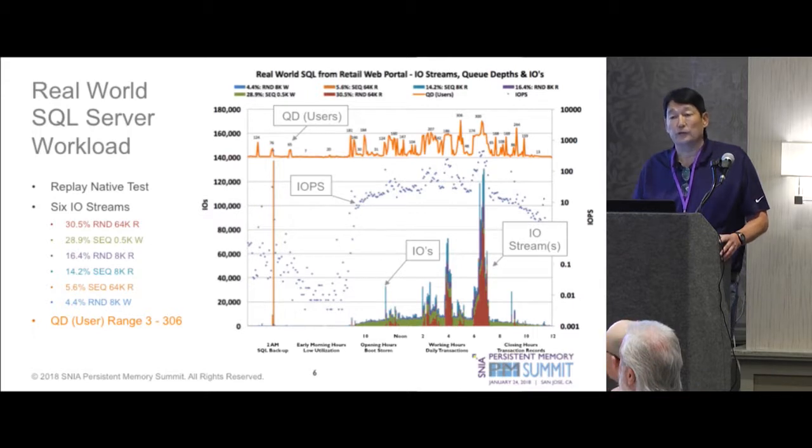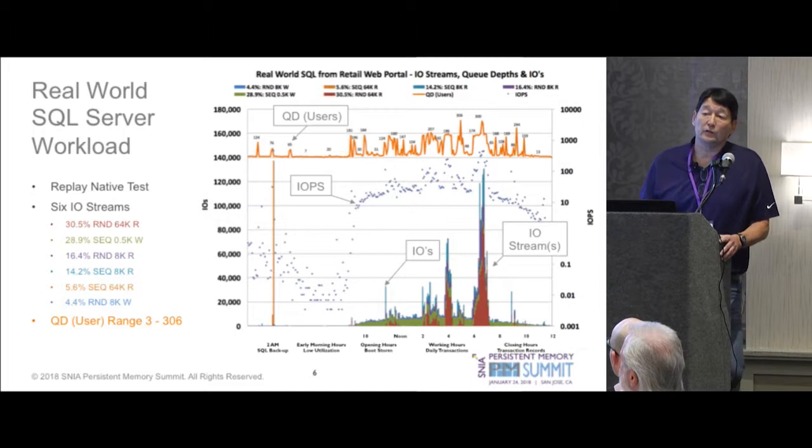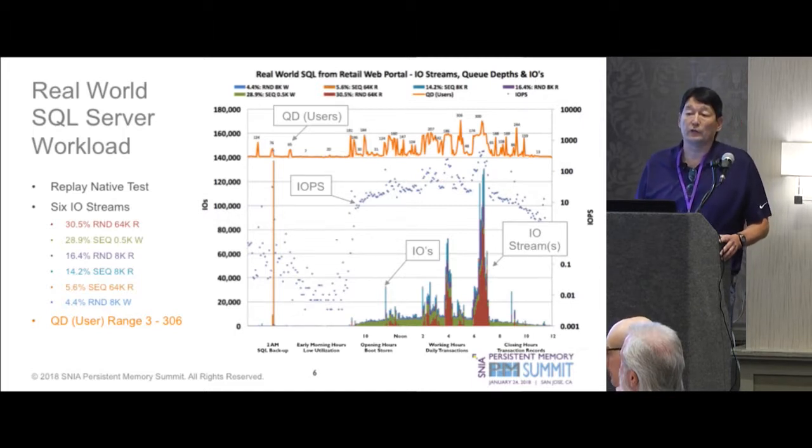Of those, you can see there are 6 dominant I/O streams that occur over the 24 hours. But for each step of that capture, they change in their nature. That spike on the left, that orange spike, is a 2 a.m. backup and a 64K read write. Whereas when you look at the opening, bootstorm, and other areas, you can see that the I/O streams start changing to sequential half-K writes and 64K reads and so forth.